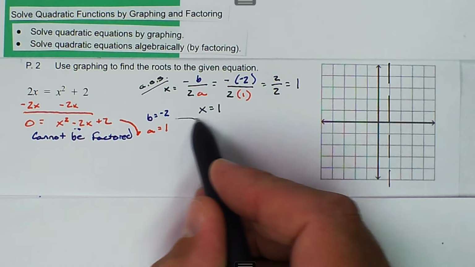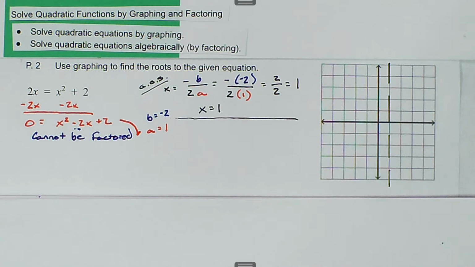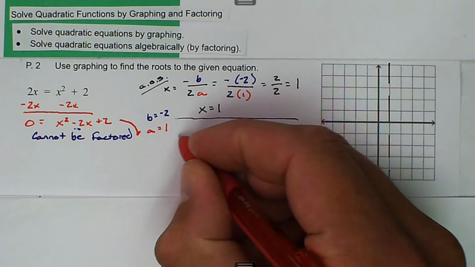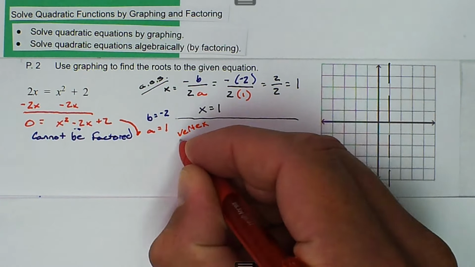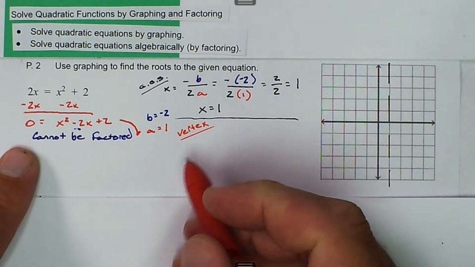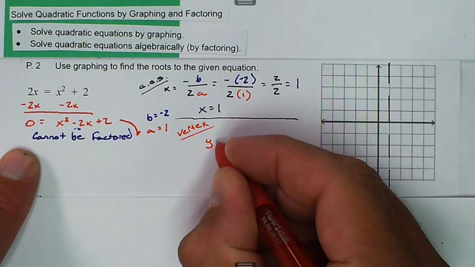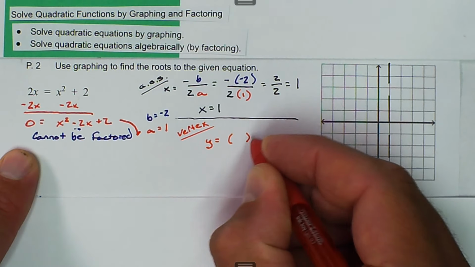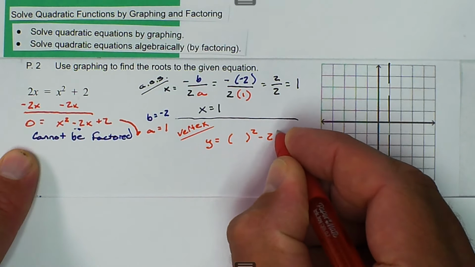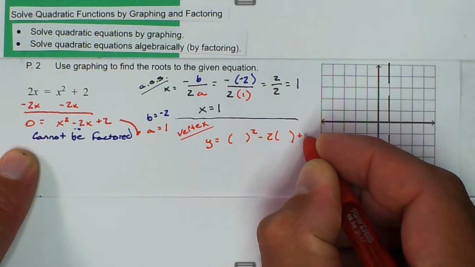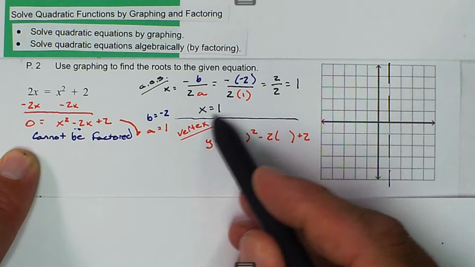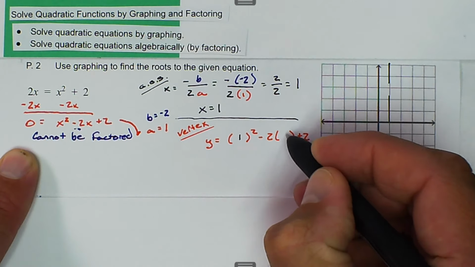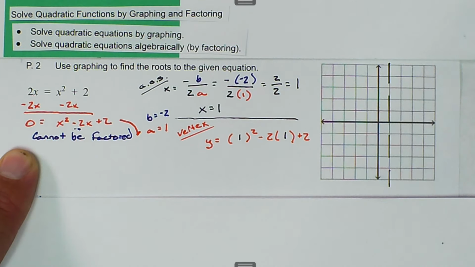The next thing, we need to calculate where the vertex is. And we can calculate where the vertex is by substituting in the axis of symmetry. So we're going to use the equation here. And we have y equals x squared minus 2 times x plus 2. And then we know that x is equal to 1. So we're going to substitute that in.